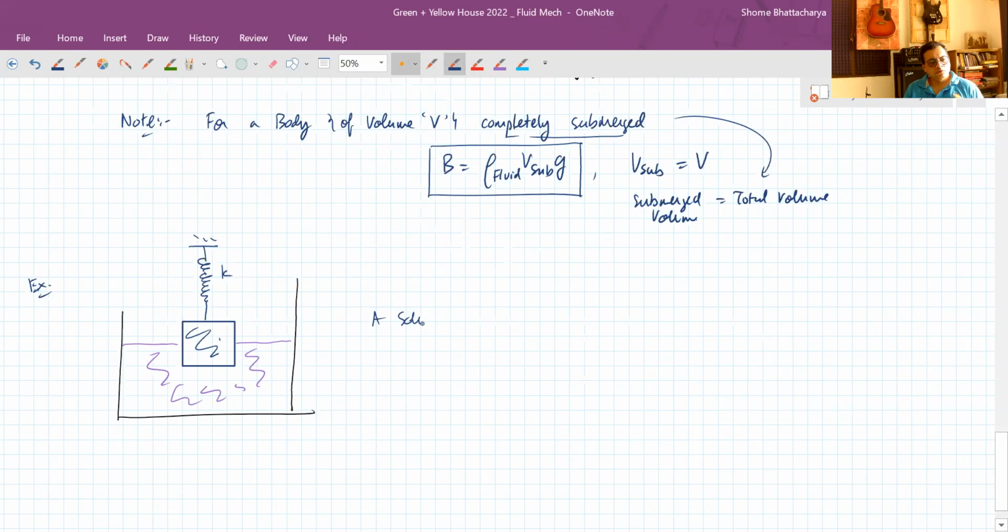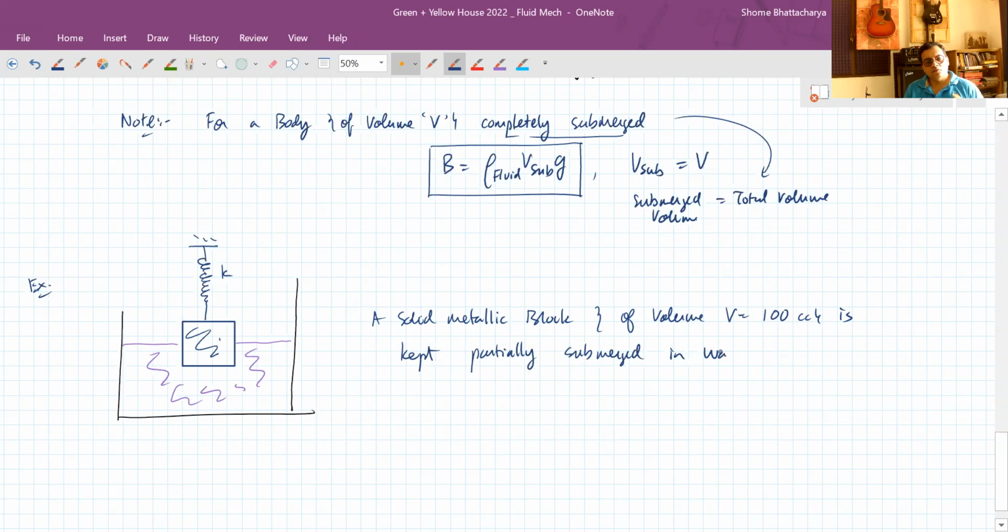A solid metallic block of volume, let's say, 100 cubic centimeters, is kept partially submerged in water. Take the density of water to be 1 gram per cc, such that 50% of it is submerged.